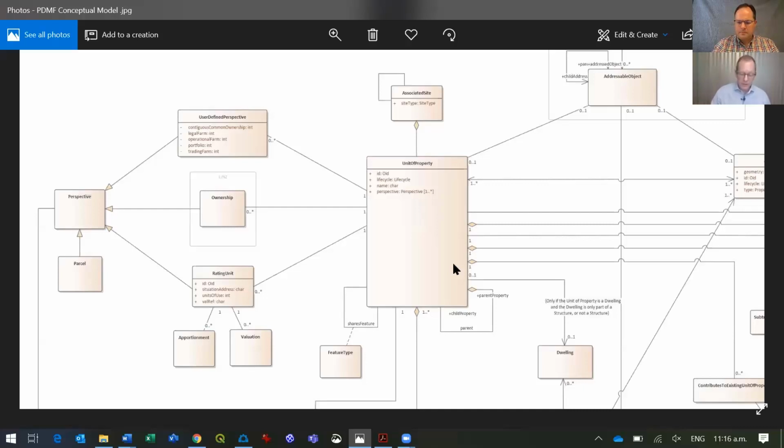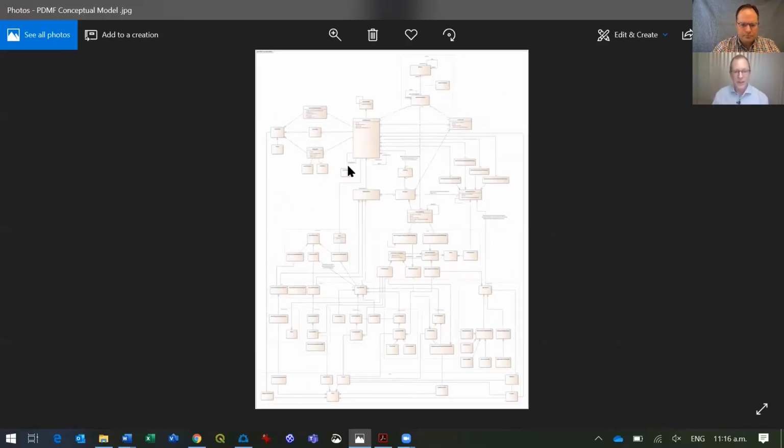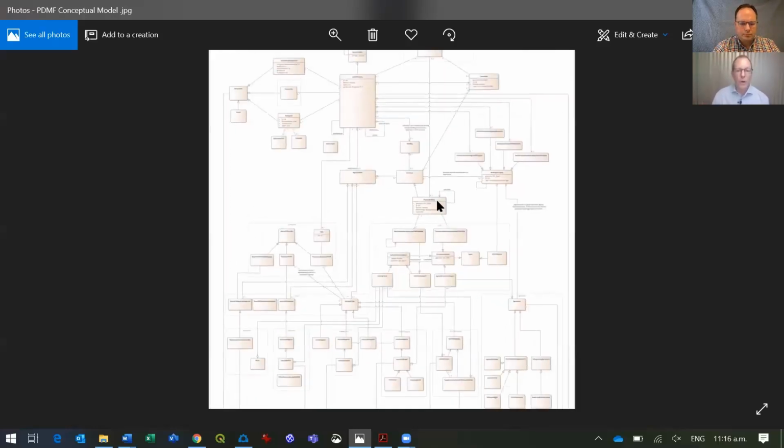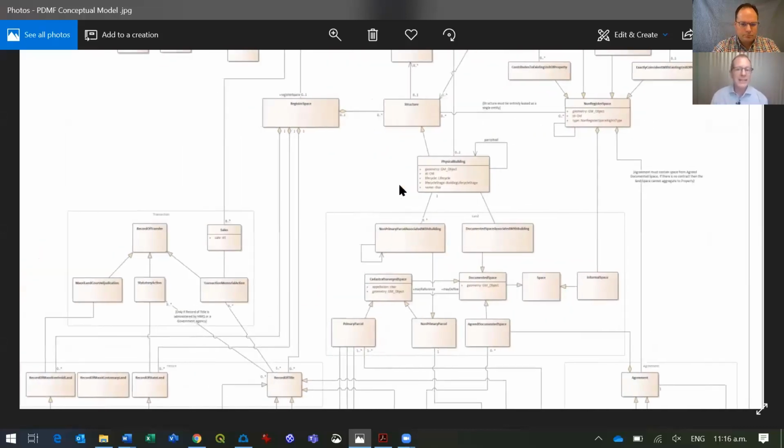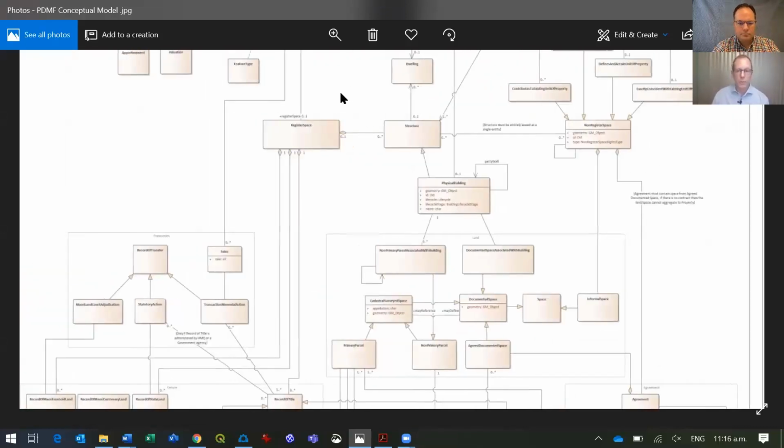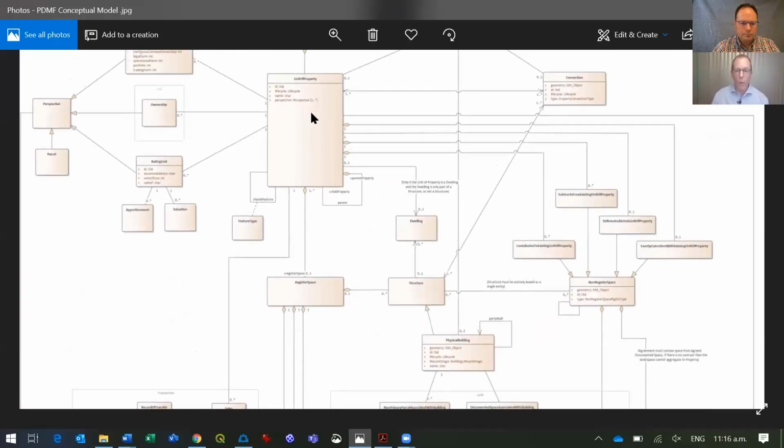So another question I was asked was, what is the time frame or path to implement this model? If I scroll out, you can see the model is quite large. We don't think in terms of implementing the whole model; the model's not really designed to be implemented as a whole thing. A lot of what we put in this model was because we needed to understand how property was and what supported the creation of that property.